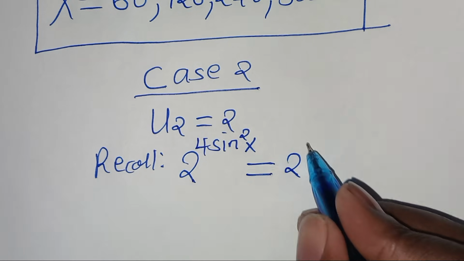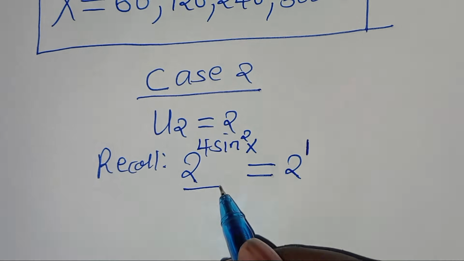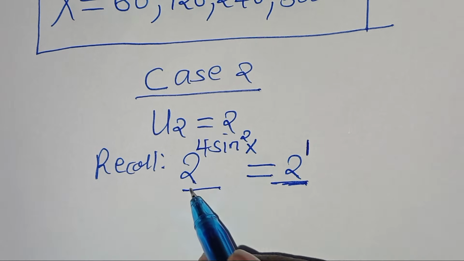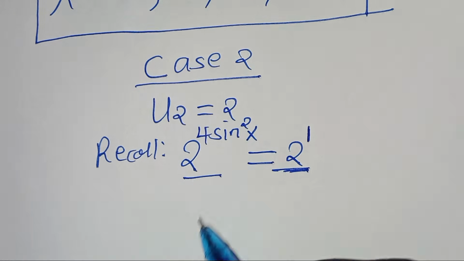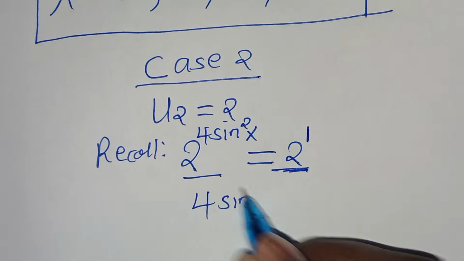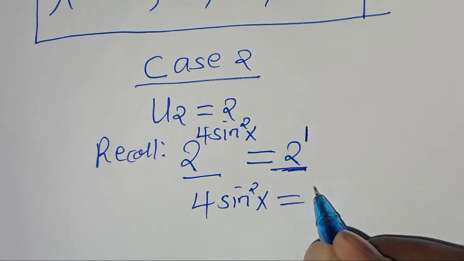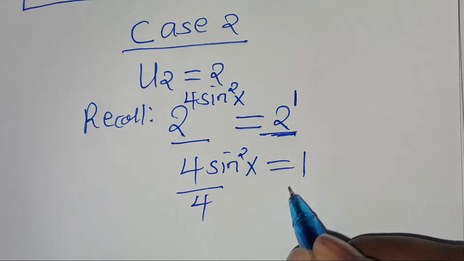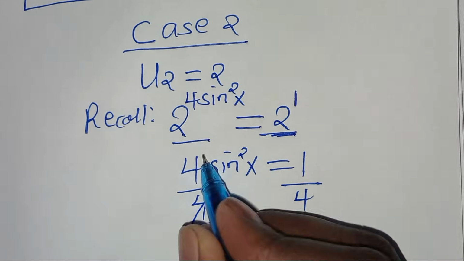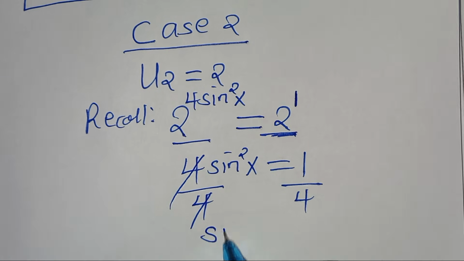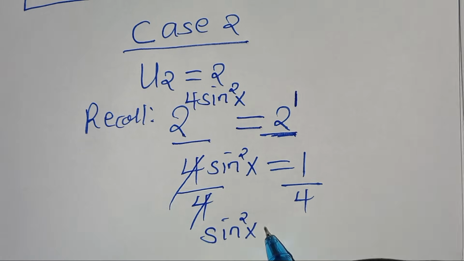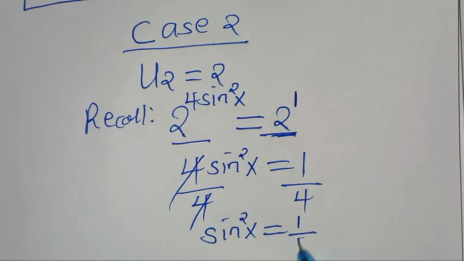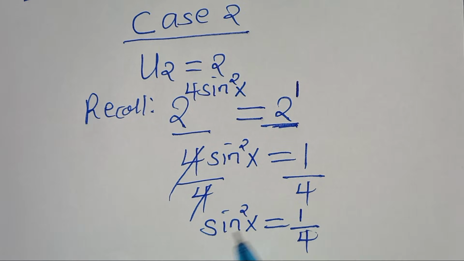We have a common base of 2, and this means that 4 sine squared x is equal to 1. So let's divide both sides by 4, so that now we have sine squared x is equal to 1 over 4.